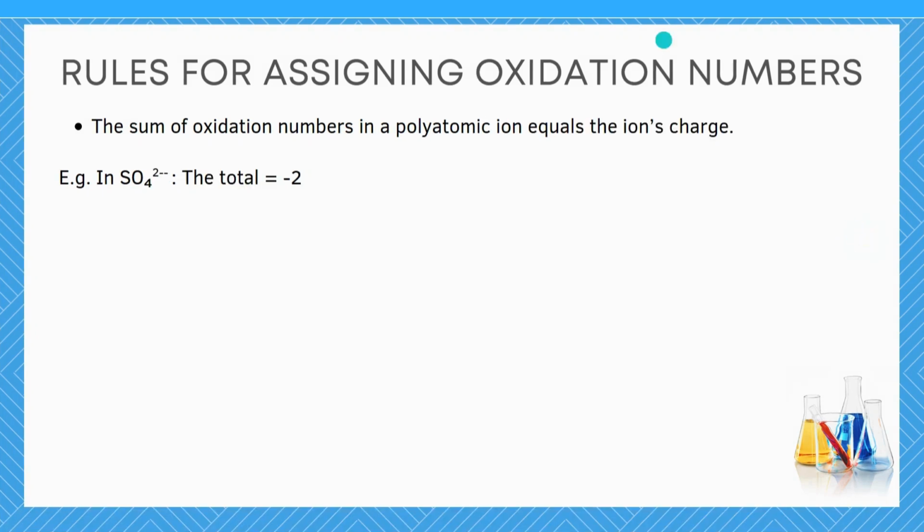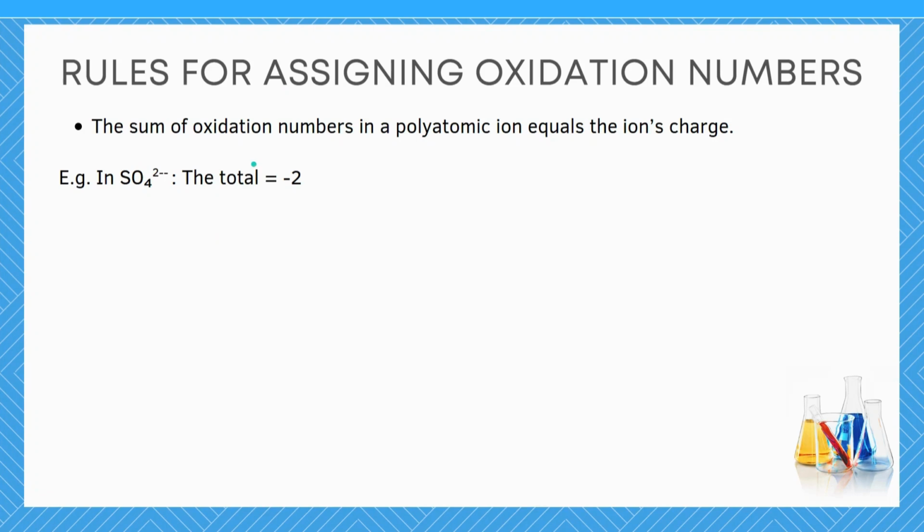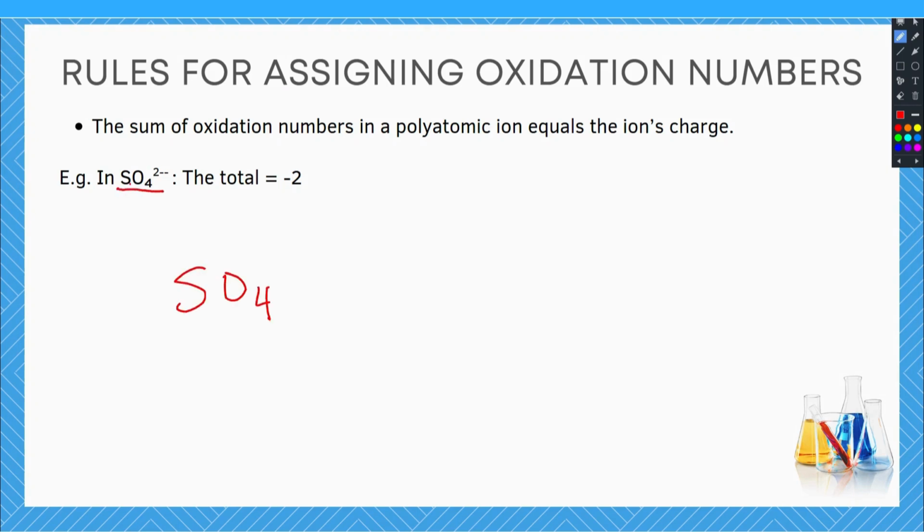Next rule says the sum of oxidation numbers in a polyatomic ion equals the ion's charge. What do we mean? In this case we have a compound, sulfur and oxygen making up SO4 with a charge of 2 minus. Now, the word polyatomic is a combination of two words, poly and atomic.